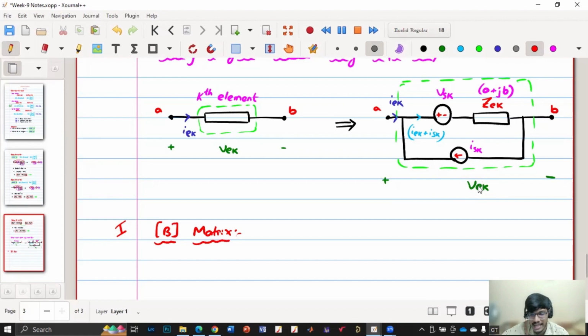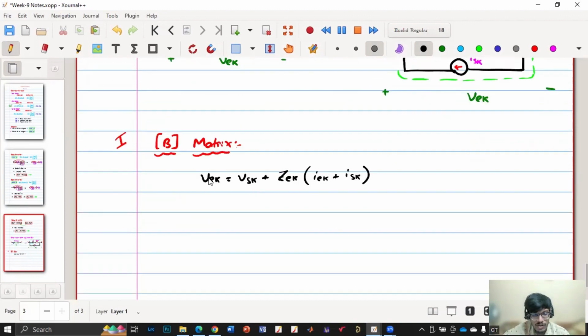So V_Ek is nothing but V_Sk plus Z_Ek into this current. Do you agree? Yes, sir. So V_Ek is equal to V_Sk plus Z_Ek into (I_Ek plus I_Sk). Do you agree? Yes, sir. So this is for a kth element.